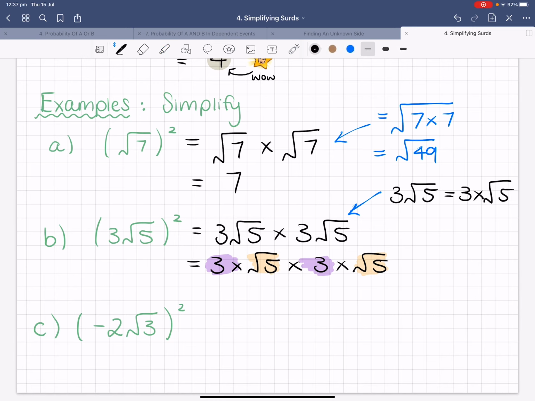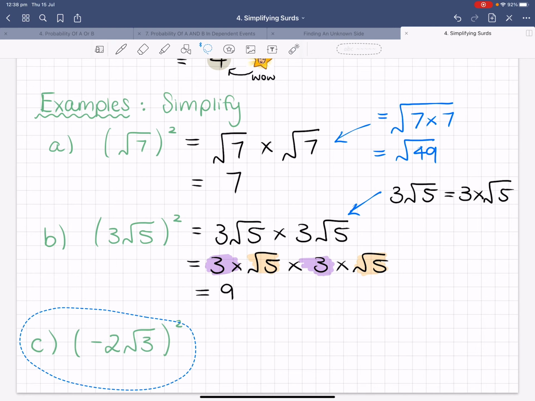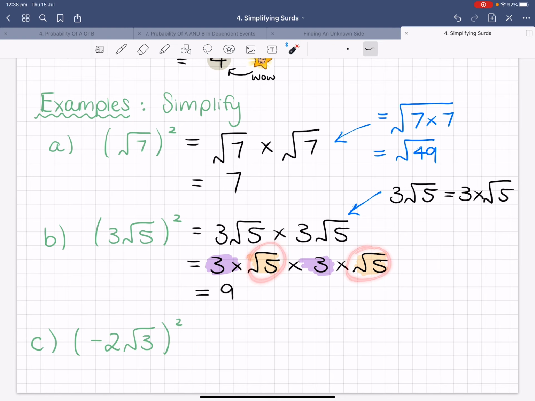So rearranging it, we have 3 times 3, which is just 9, and then the square root of 5 times the square root of 5 is just 5 from this property here. So 9 times 5 equals 45.